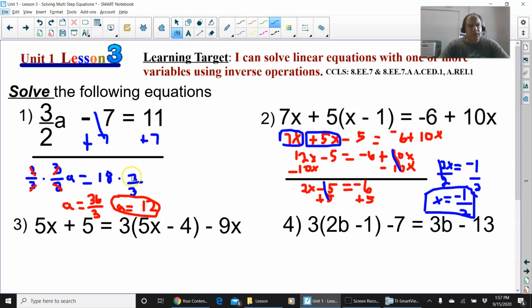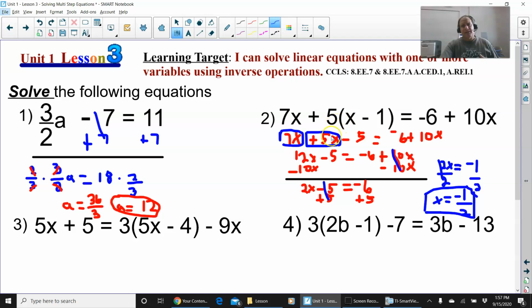Okay, so number 1 is a equals 12. Just take a look at my work. I added 7 on both sides. I have 3/2a equals 18, and I multiplied by the reciprocal of 3/2, which is 2/3, on both sides. You got a equals 36/3, a equals 12. We have on this side, it looks like a tremendous question. It looks like a long question. We have 7x plus 5x. We have to do distributive property first.